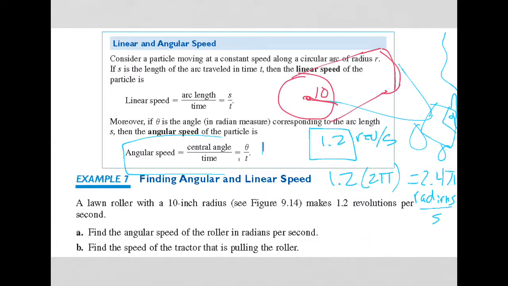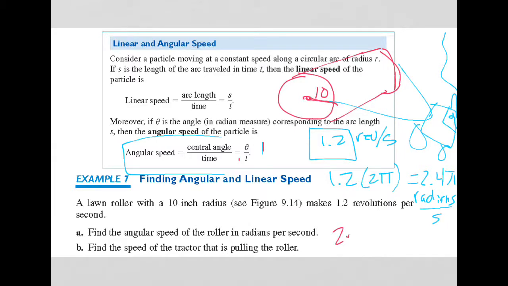So let's start this problem from the beginning. Find the speed of the tractor that's pulling the roller. So we know that it is going to travel 120% of a full revolution in 1 second. And a full revolution is going to be the circumference of this, which is, again, 2 pi r.